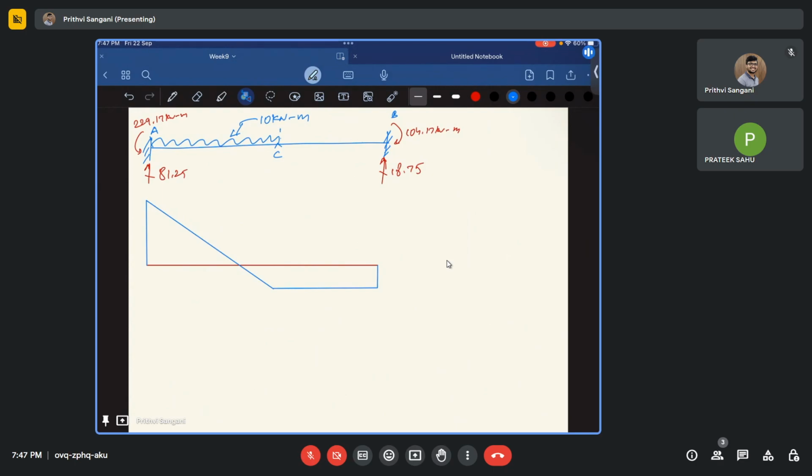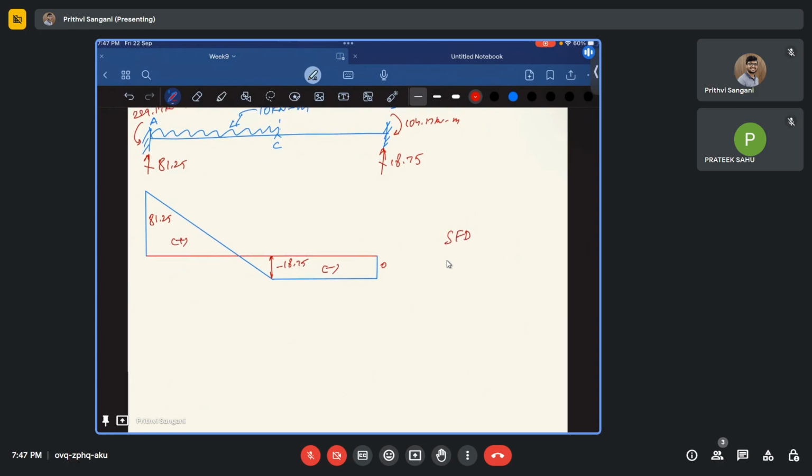So this is my shear force: 81.25, minus 18.75, and zero. Positive, and this is negative. So this is my shear force diagram.